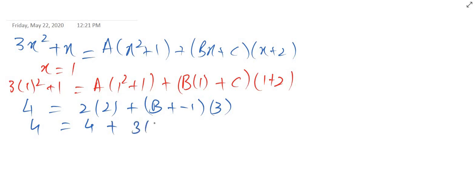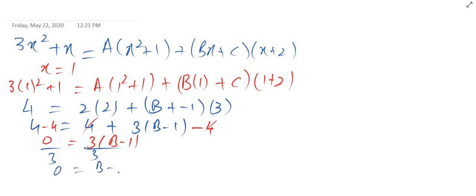This is 3 times (b minus 1) now. 4, when we shift this 4 to the left side or subtract 4 from both sides, 4 will cancel 4 and we will have 3 times (b minus 1) is equal to 0. Now we can divide both sides by 3, or we can shift 3 to the left side. 0 divided by 3 is 0. So b minus 1 is 0 and b is equal to 1.